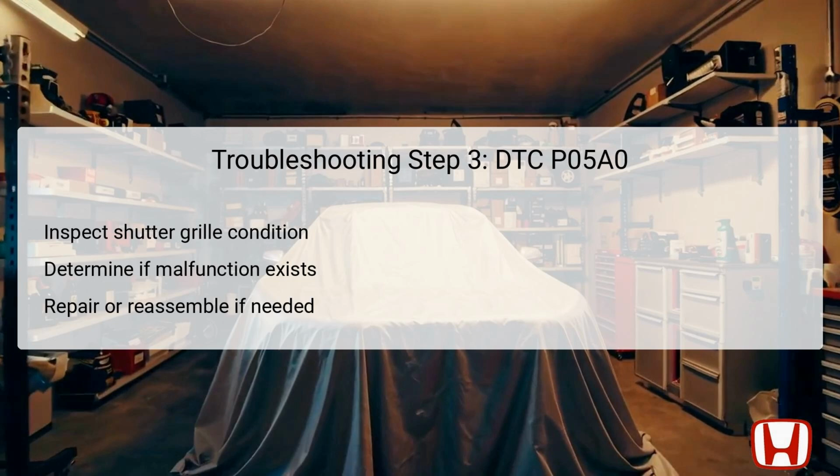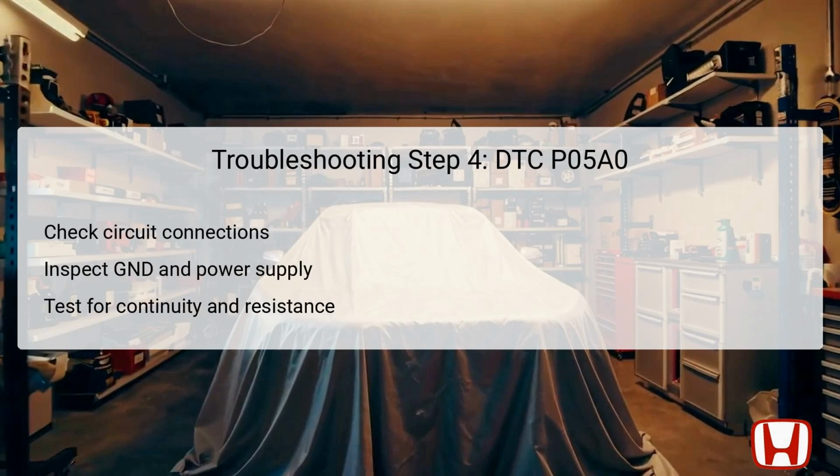This step focuses on ensuring the integrity of the components themselves, as a defective internal mechanism can lead to persistent DTC P05A0 readings. Addressing any identified issues here is critical before proceeding to assess external electrical circuits.